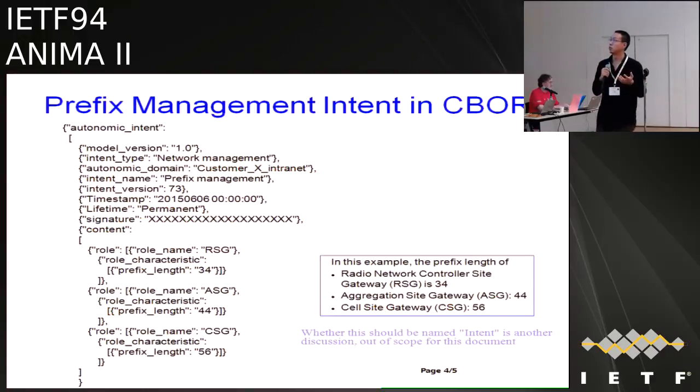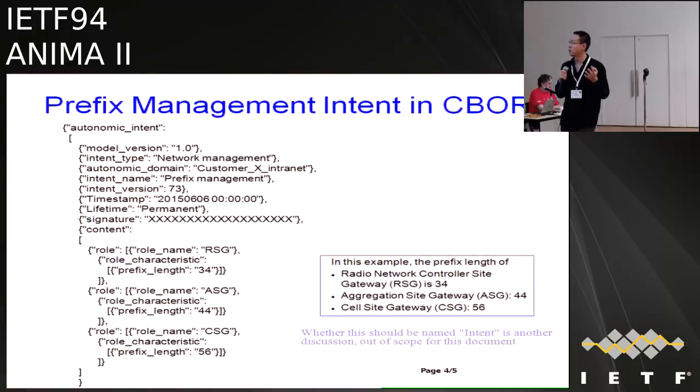This is an example giving the prefix management intent in JSON. In this example, we just have 3 roles. Each role, like RSG, has a prefix length of 34, another has 44, and another has 56. That's all the information you give out in this use case. No matter how many nodes you have, in some networks these 3 types may cover up to 1,000 devices.